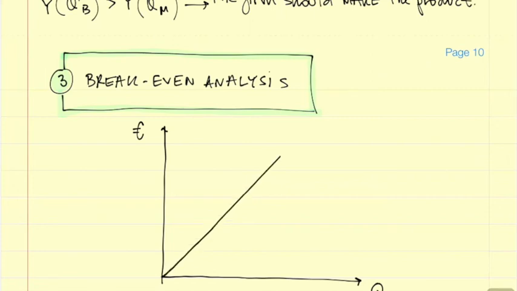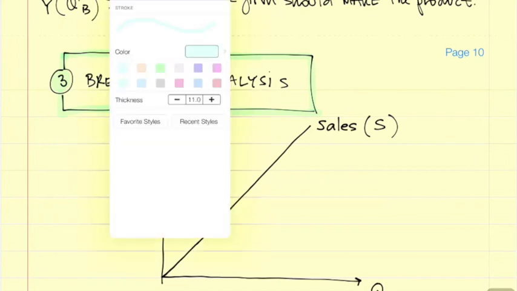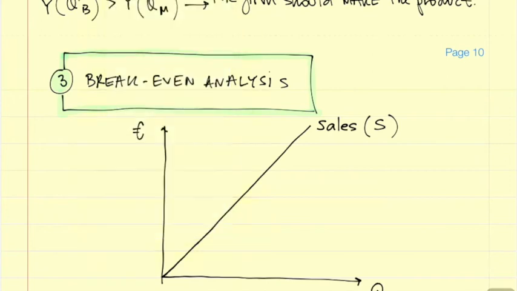The more we sell, the more quantity, the more sales. Okay, so this is the first curve. Let me go a little bit slower with colors so it's easier to understand. So sales is the blue one. The more we produce, the more quantity, the more the total cost.